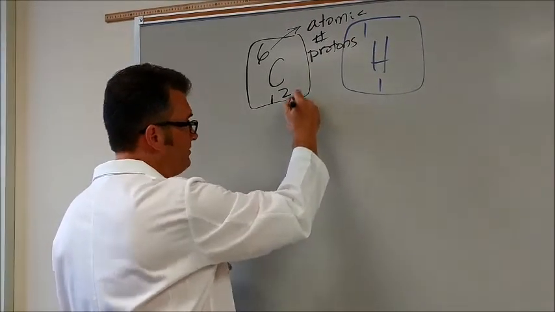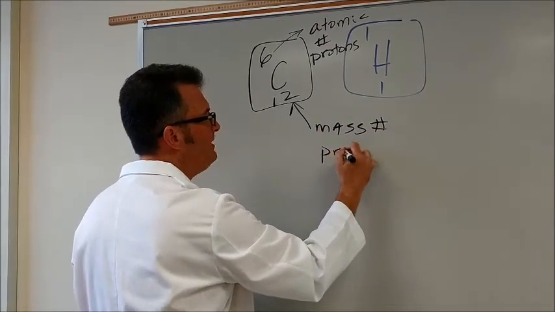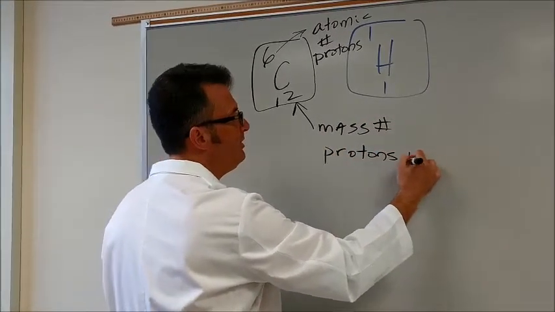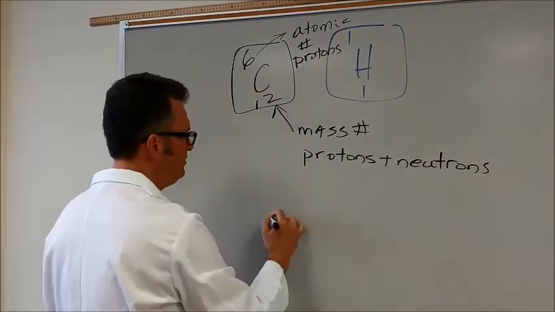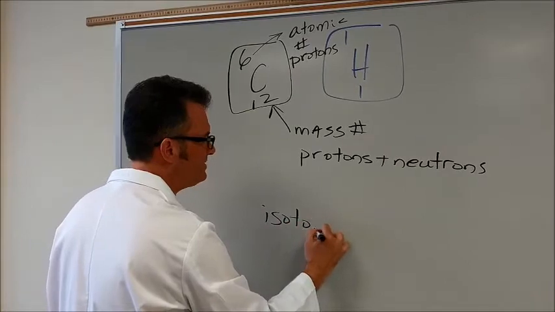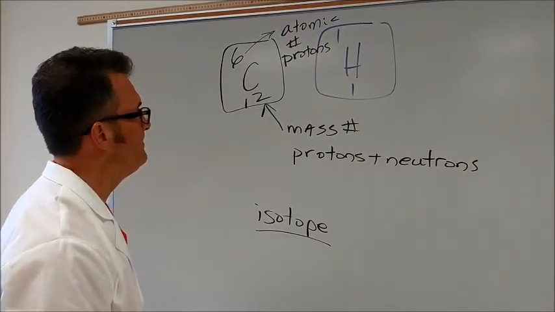The bottom number is called the mass number, and it tells you how many protons plus neutrons. We'll talk more about this later, and we'll come back and pick up the word isotope later too. That fits nicely with this topic as well.